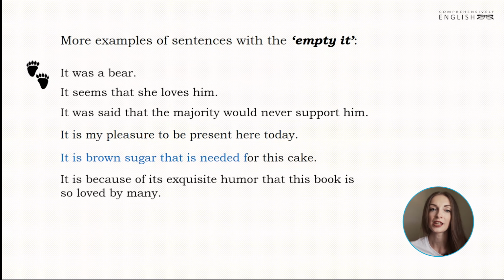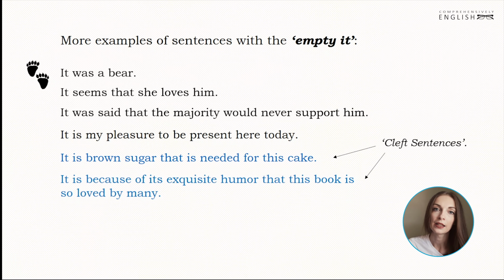The last 2 sentences contain what we call the emphatic it. They are called cleft sentences, and their function in the language is to highlight this or that part of the sentence, to put a semantic stress on a particular part of the sentence.